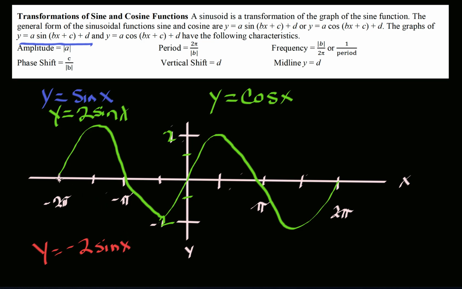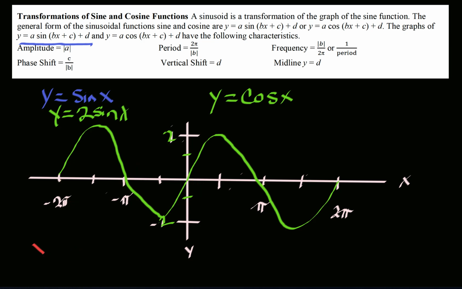It would just go in the opposite direction. It would just go down and then come back up and then come down and then come back up and then come back down. All right, so that's what happens when you have a negative A. Not a big deal. Pretty easy to understand amplitude.